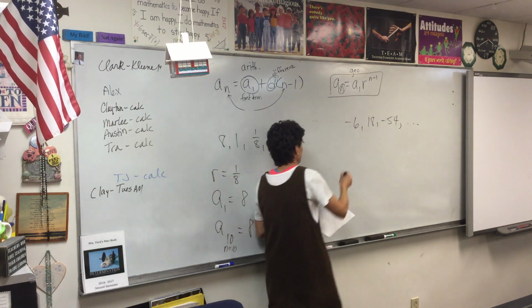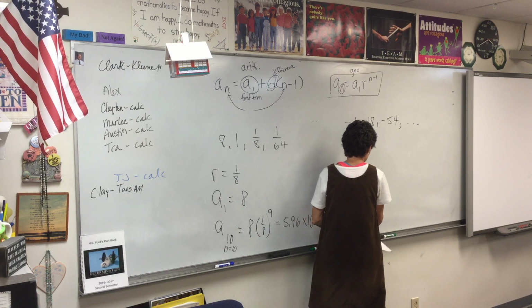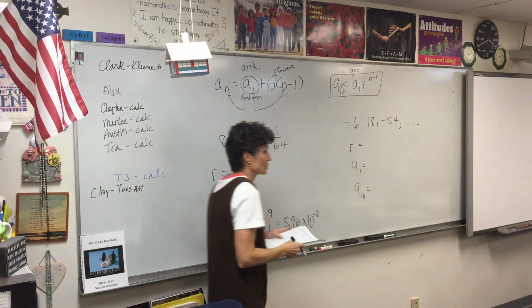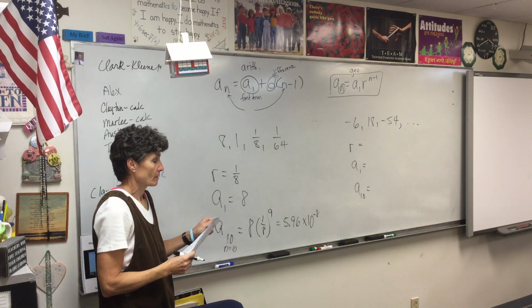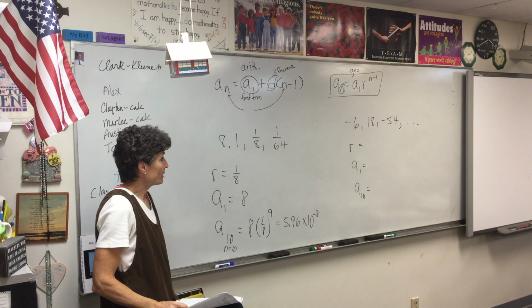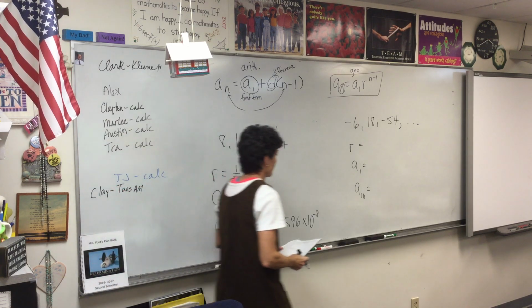Alright, one more of these. We want the ratio, the first term, and the 10th term. Alright, so here we go. Let's fill in the blanks. Luke, what's the ratio?